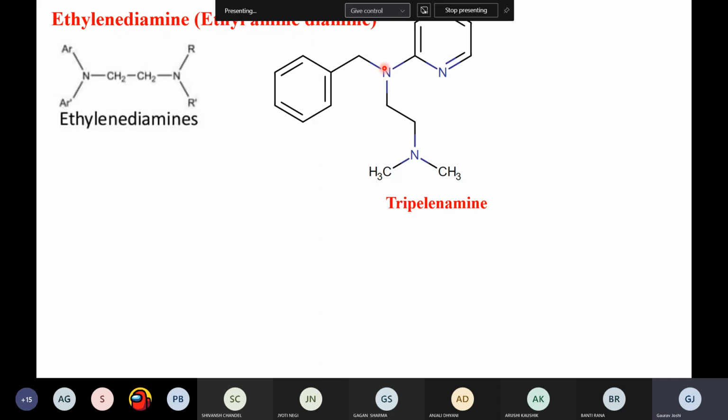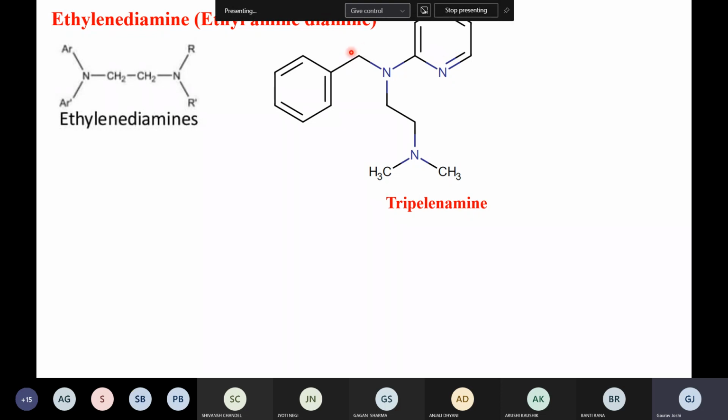See, the first thing what we have, this is the common formula. So we are talking about the diamine, one nitrogen and the two nitrogens. Now the example is the tripelennamine, right? So see this thing. Here is the nitrogen, and we have a nitrogen at this position, right? And again we have two aromatic rings, right? So here the aromatic rings are not directly attached, right?